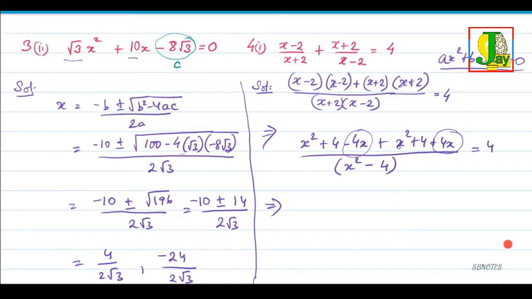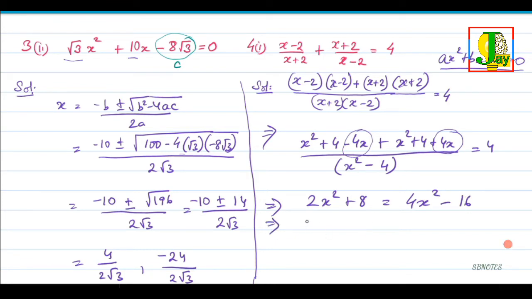minus 4x this term and plus 4x. So you can see that when they add it gets 0, you can cancel them, so you have x square plus x square, 2x square plus 4 plus 4, that is 8, equals 4 into this. Okay, so 4x square minus 4 into 4 is 16.